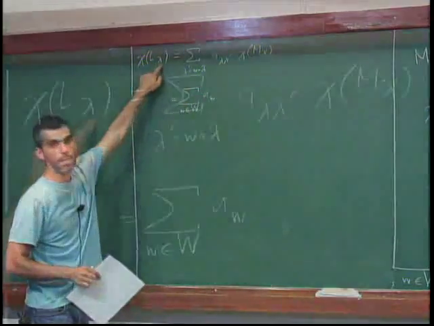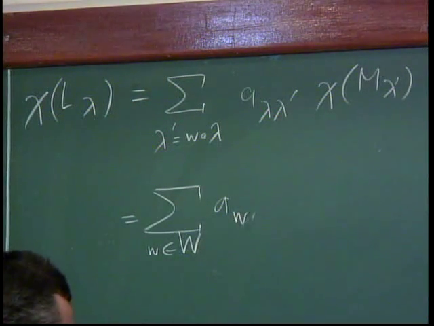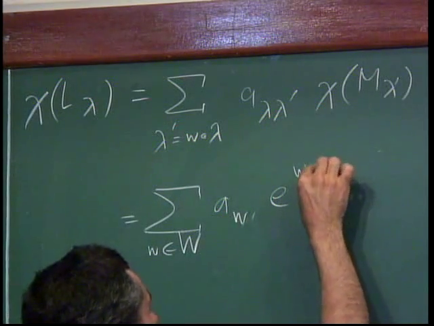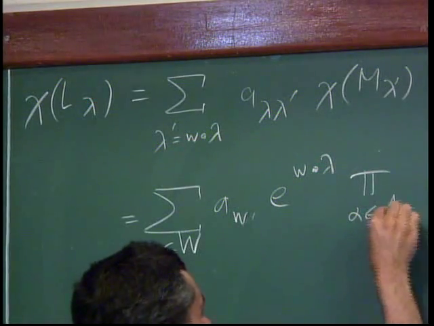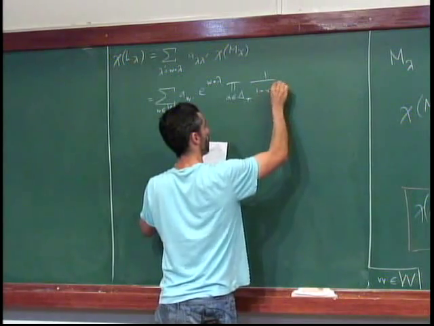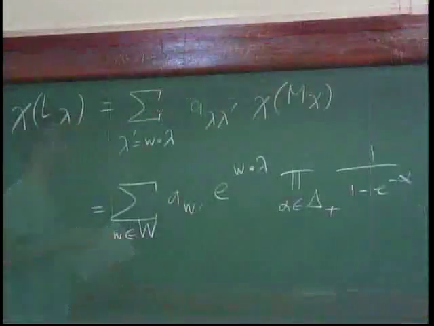I mean, lambda is fixed. So e to the W acting on lambda. Okay, I just took this formula and put it in there.